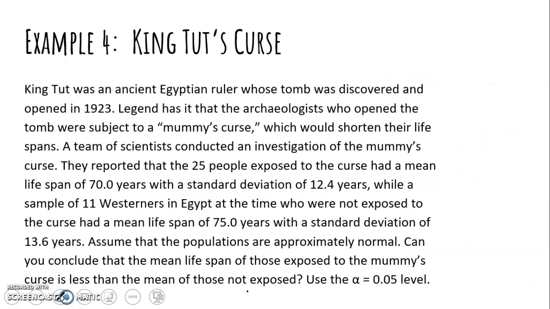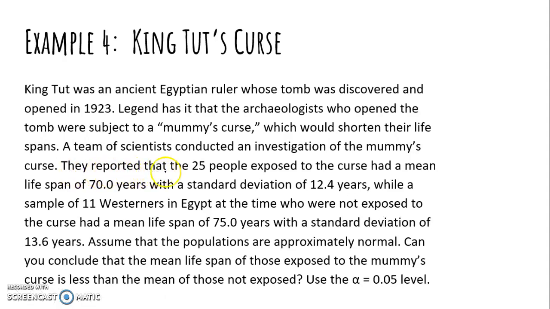Alright, so example 4, King Tut's curse. King Tut was an ancient Egyptian ruler whose tomb was discovered and opened in 1923. Legend has it that the archaeologists who opened the tomb were subject to a mummy's curse, which would shorten their lifespans. A team of scientists conducted an investigation of the mummy's curse.